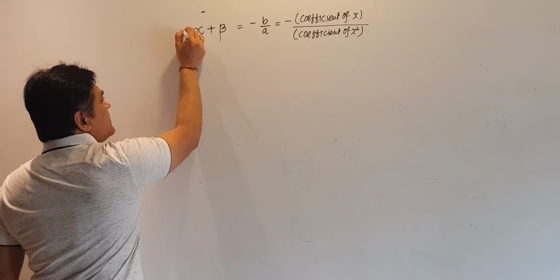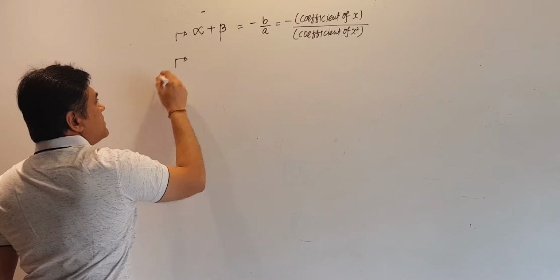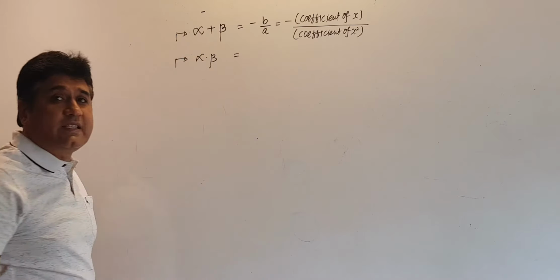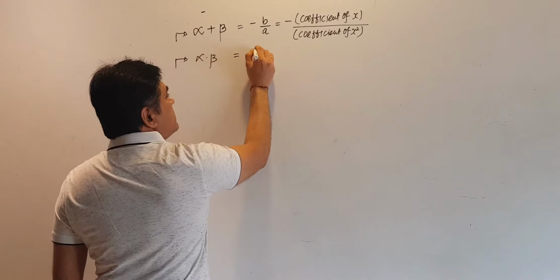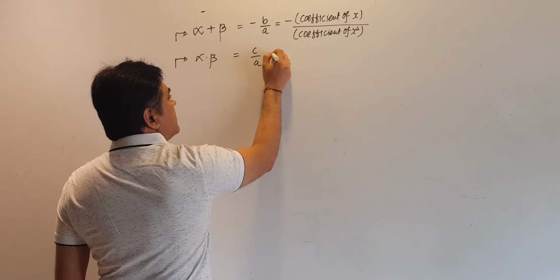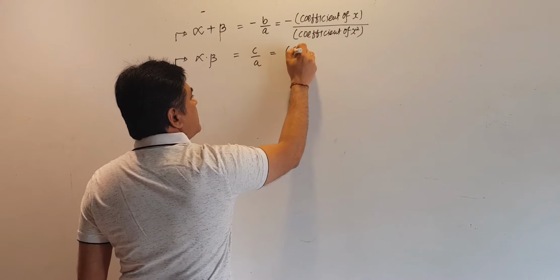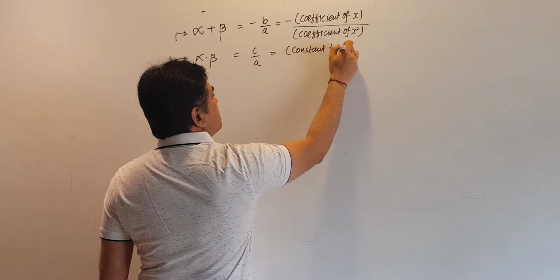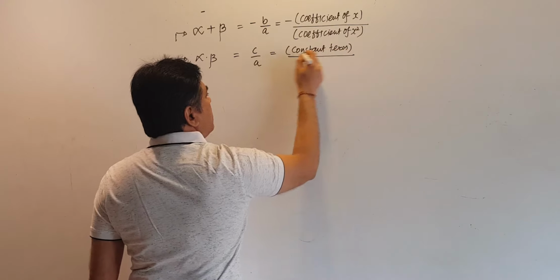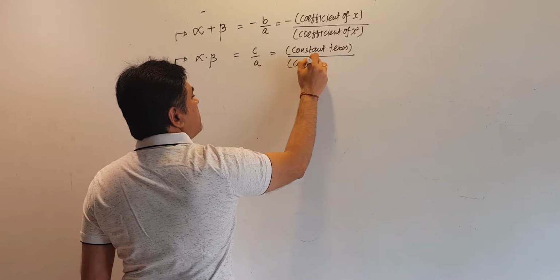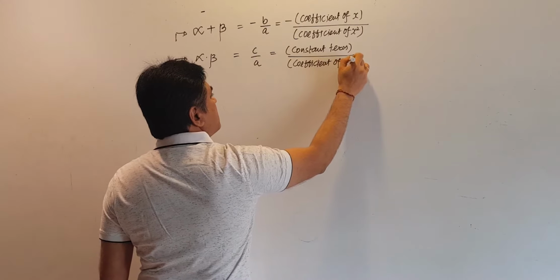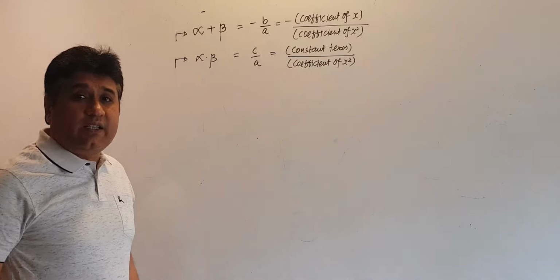This is the first relationship we have observed, and then the second one, alpha into beta. So friends, alpha into beta equals c upon a. Now what is c? C is a constant term, and upon a means coefficient of x square. So we learnt in the last period.